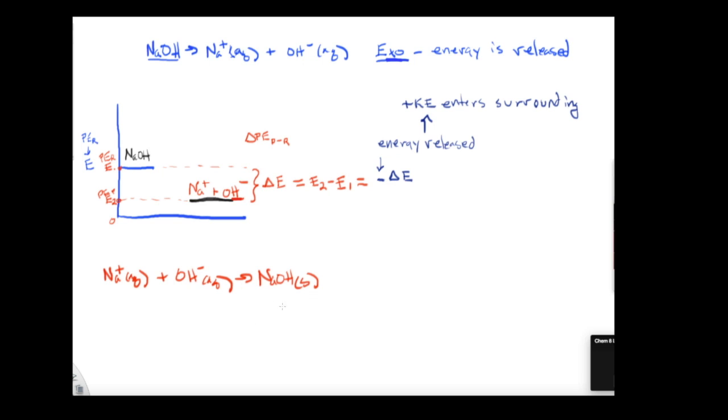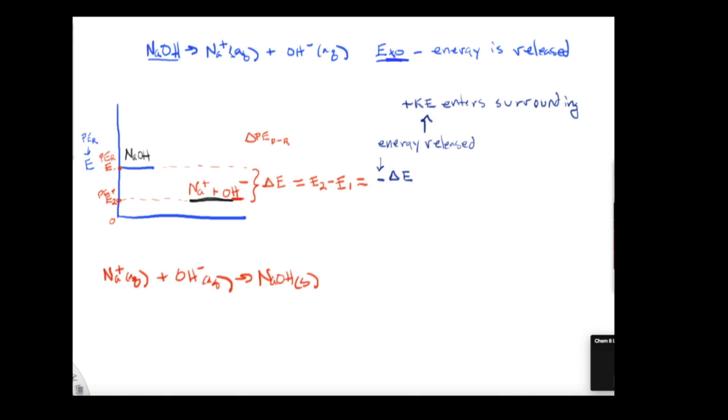And you guys know about this. You just aren't thinking about things that we talked about at the beginning of the year. If you were actually going to reverse this reaction, what do you have to do? You'd have to take the beaker that has the solution in it and put it on a hot plate. And you'd have to turn the hot plate on and drive this thing in reverse.